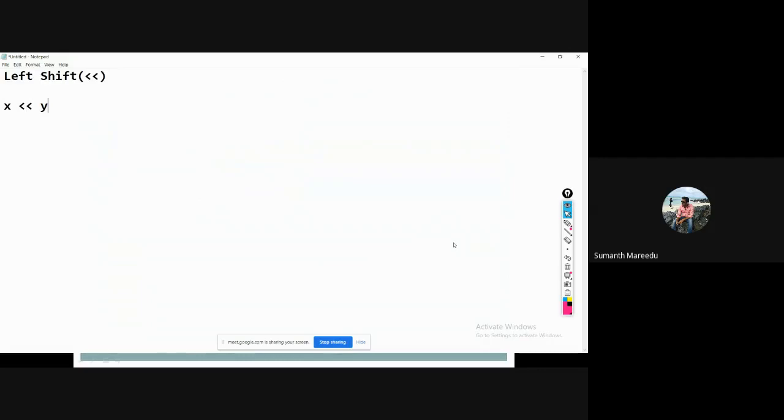Those bits in X are shifted towards the left by Y positions. That is what the left shift operation does.